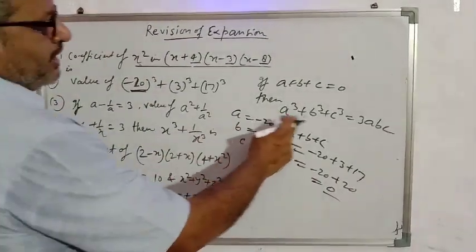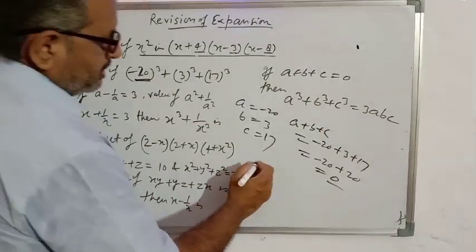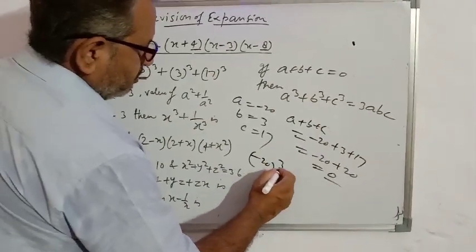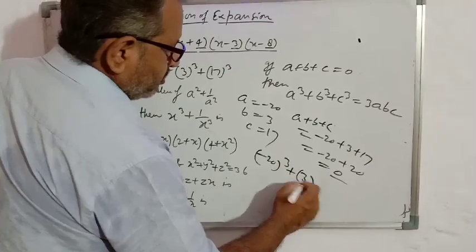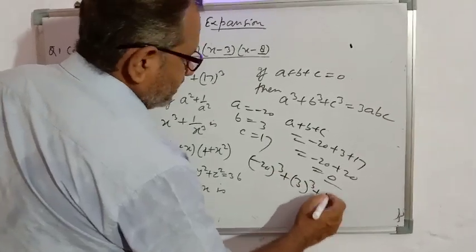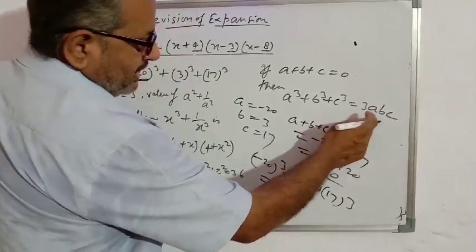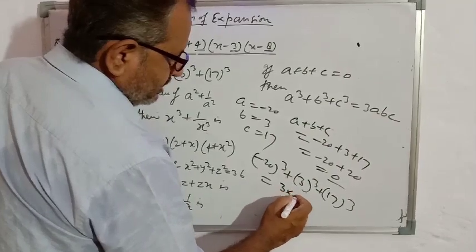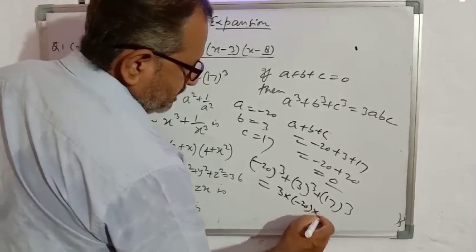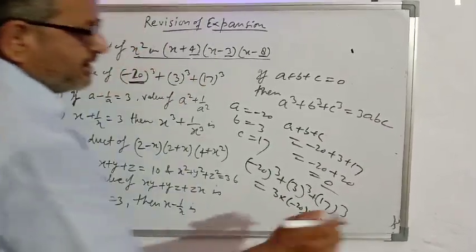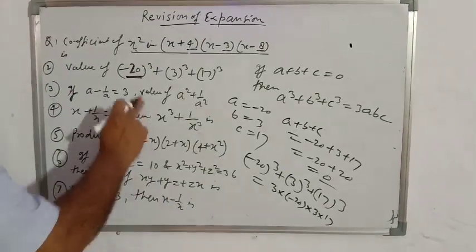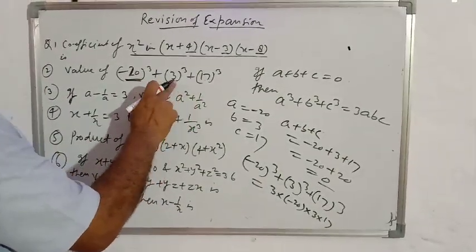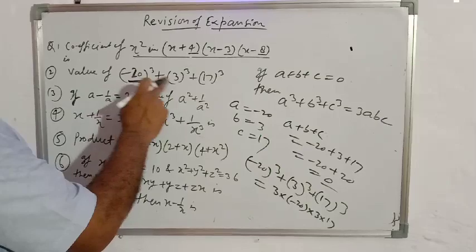We have to find a cube plus b cube plus c cube, means minus 20 cube plus 3 cube plus 17 cube. Directly we will write 3abc. 3 into minus 20 into 3 into 17 and multiply it. So you can check it, 17 plus 3, 20, plus 20 and minus 20, 0.